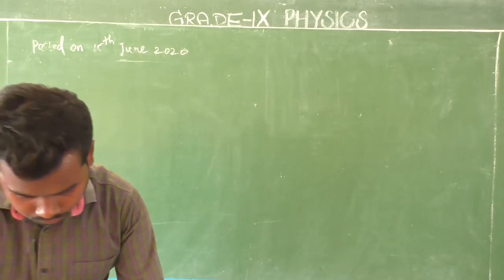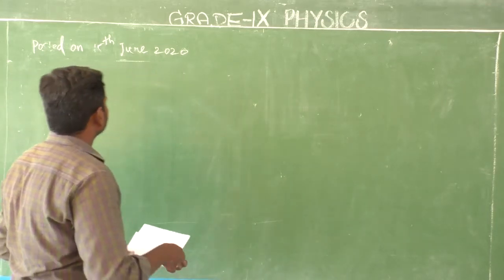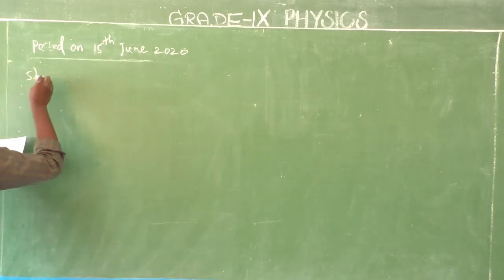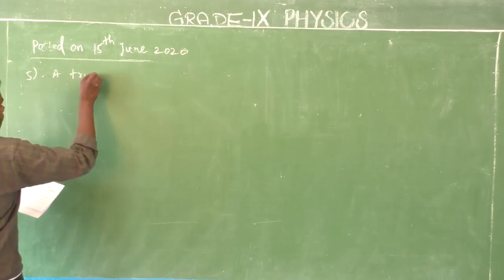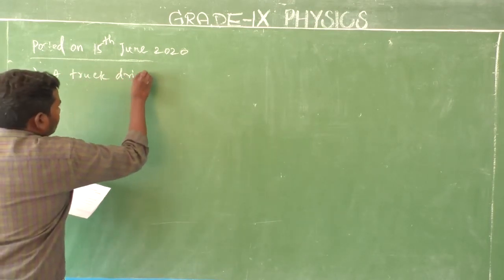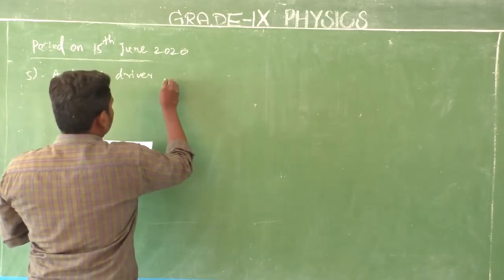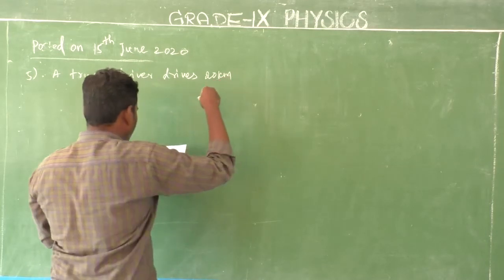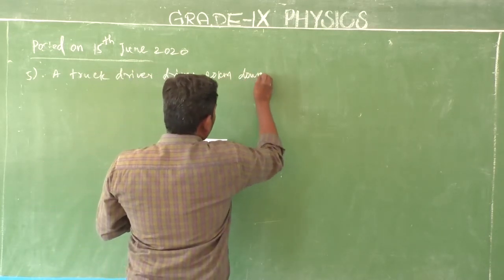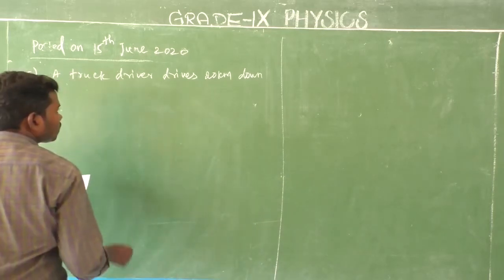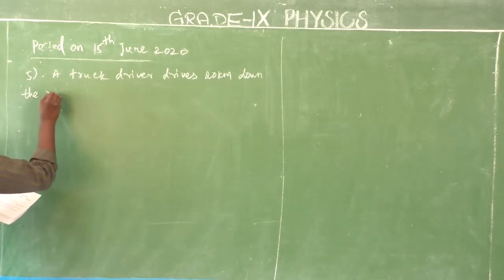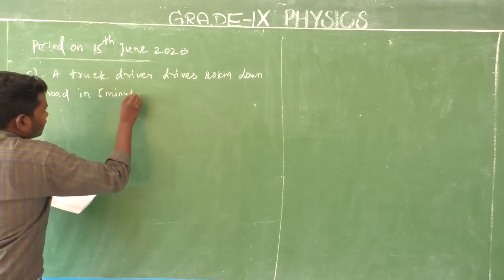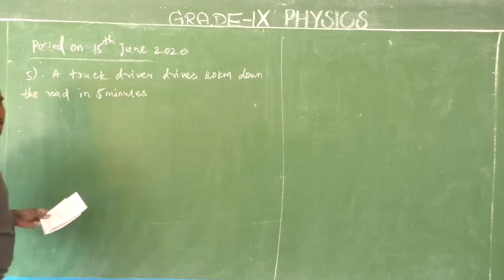So look at here. Next, fifth question. A truck driver drives 20 km down the road in 5 minutes. Time, how much? 5 minutes.